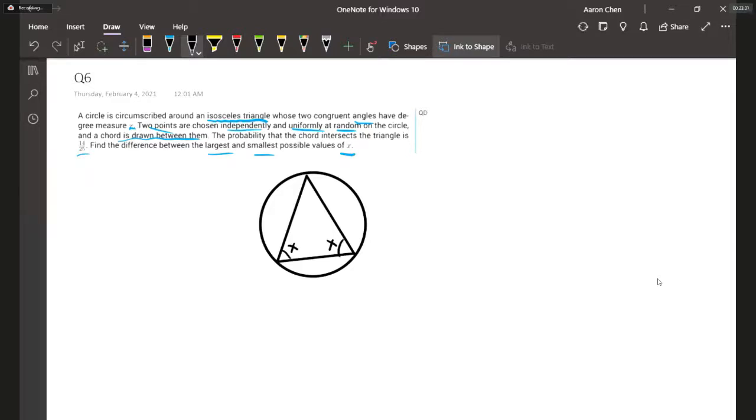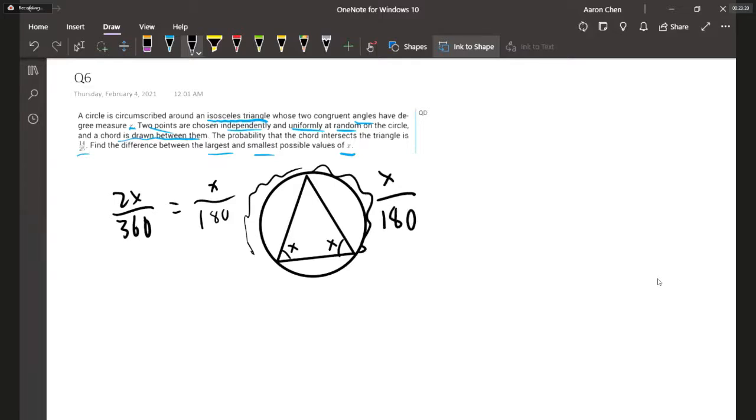And so the probability that any point selected at random is in this arc is just 2x divided by 360, or x divided by 180. And similarly, for this arc, it's also x divided by 180. In this arc, the probability of it being selected is 1 minus 2 times x over 180, or (90 minus x) over 90.